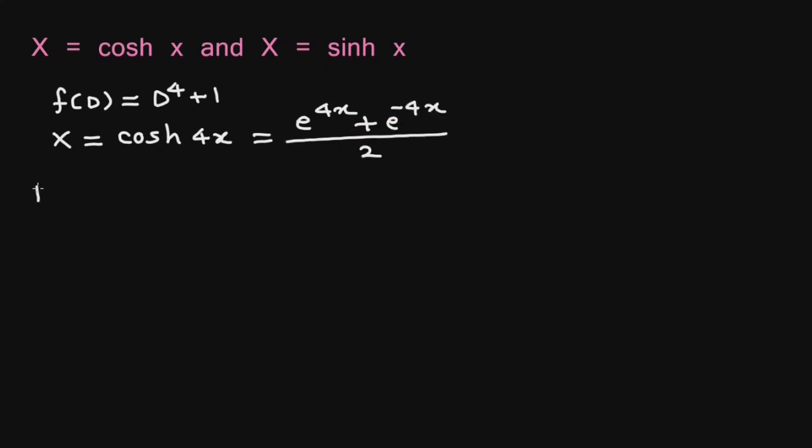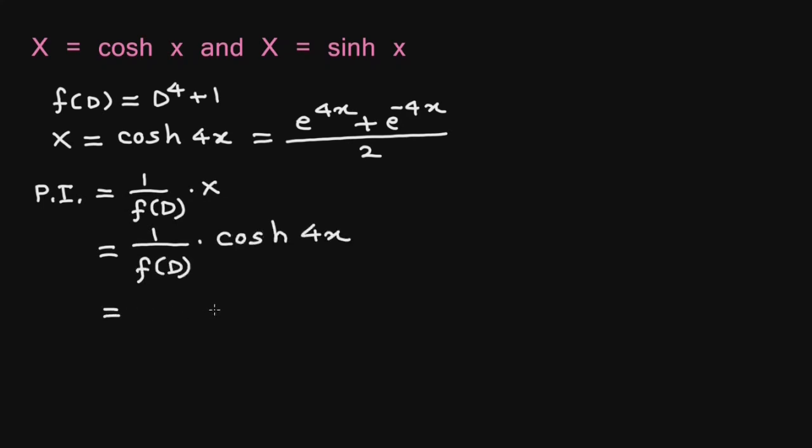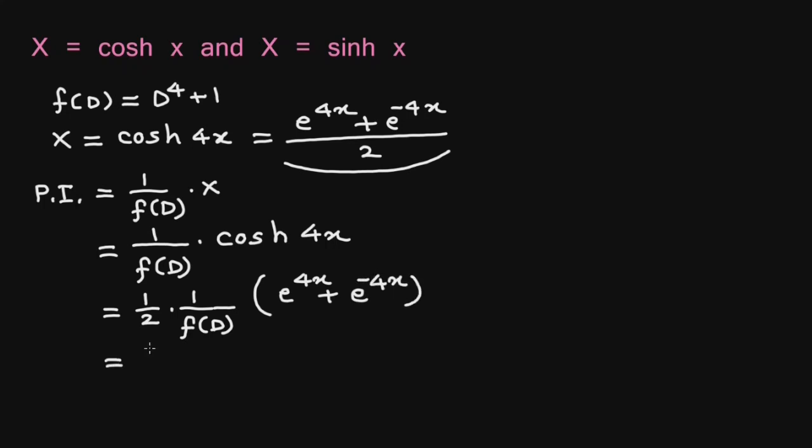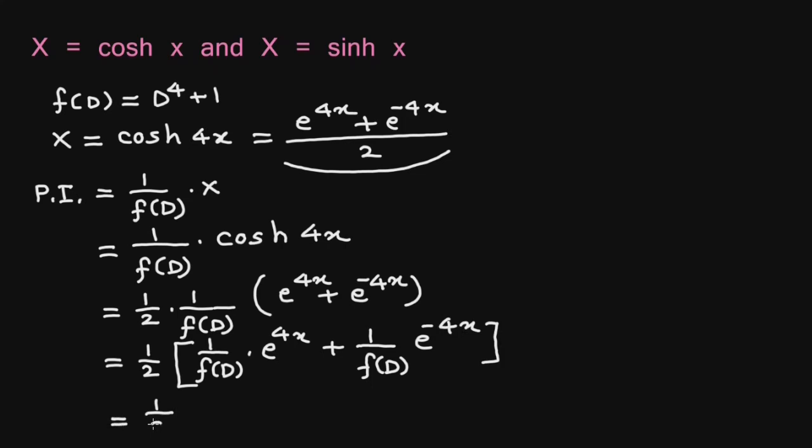So the particular integral will be 1 upon f(D) X, which is 1 upon f(D) cosh 4x, which is half 1 upon f(D) (e raised to 4x plus e raised to minus 4x), which is half 1 upon f(D) e raised to 4x plus 1 upon f(D) e raised to minus 4x, which is half 1 upon f(4) e raised to 4x plus 1 upon f(minus 4) e raised to minus 4x.